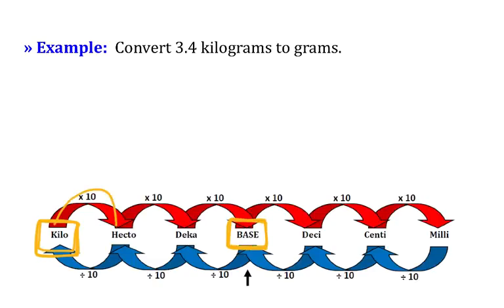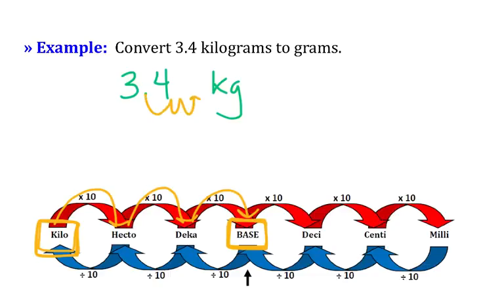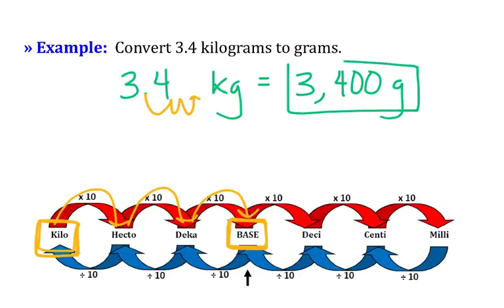So I'm stepping 1, 2, 3 steps to the right, and that implies in our number 3.4, which was kilograms, we need to move our decimal 1, 2, 3 places to the right, and that would give us 3,400 grams as the equivalent to 3.4 kilograms. Hopefully that makes a little bit of sense.